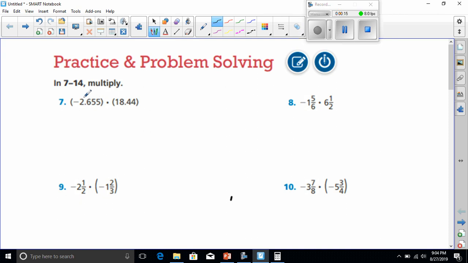Well, it says here that we've got negative 2.655 times 18.44. First of all, we have to remember we have a negative number multiplied to a positive number, so our answer has to be negative.